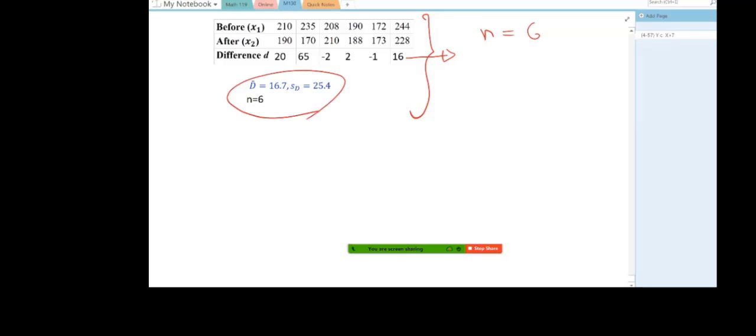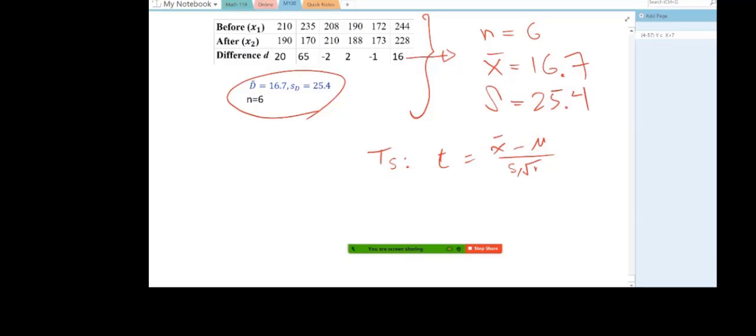Because of this calculation, I can say X bar is 16.7, S is 25.4, and I do the test of hypothesis on this one, and test statistic, remember it was X bar minus mu over S over square root of N, and you put it in here.